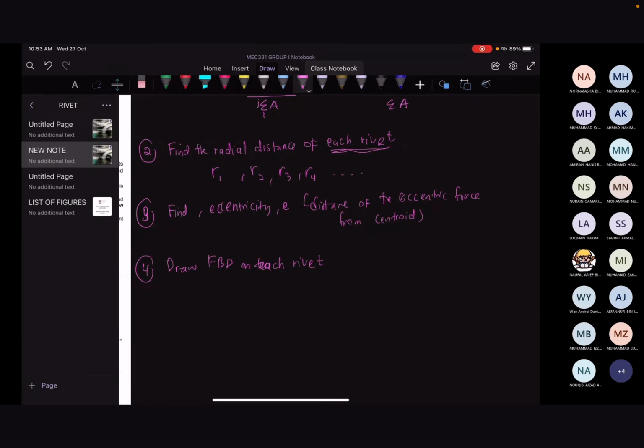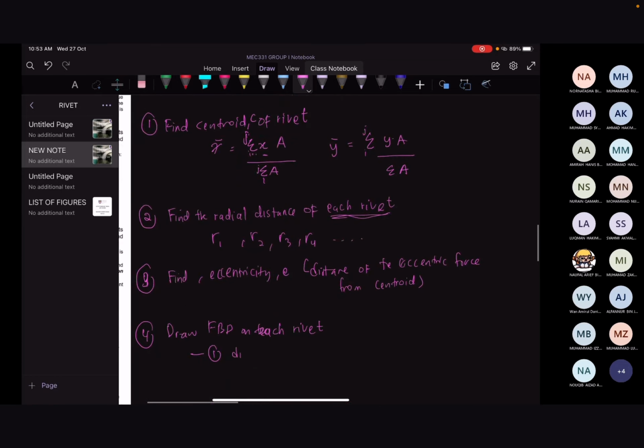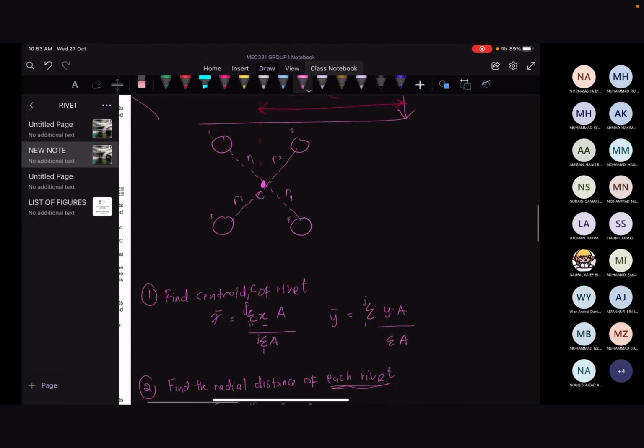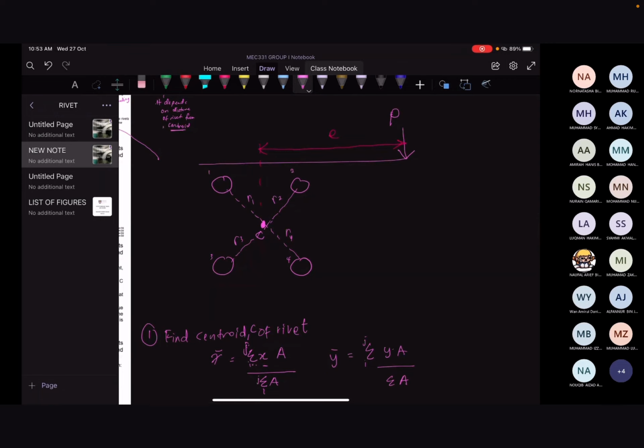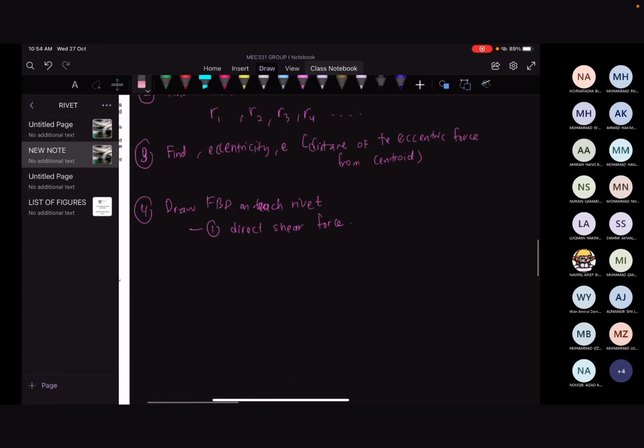So the FBD ni, it must consist of satu, dia akan ada direct shear force. Okay. So what is direct shear force? So it's actually, okay, sebelum kita draw FBD, tak apa, ni saya padam dulu. Saya masukkan je lah step ni supaya awak tak lupa.